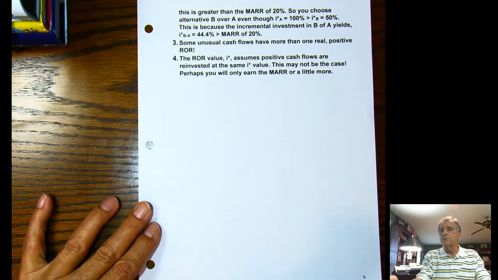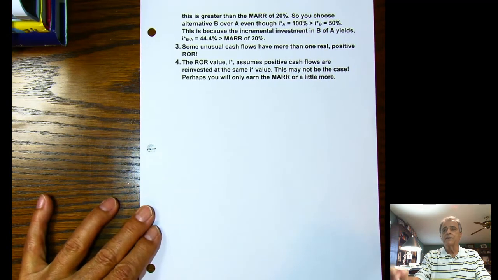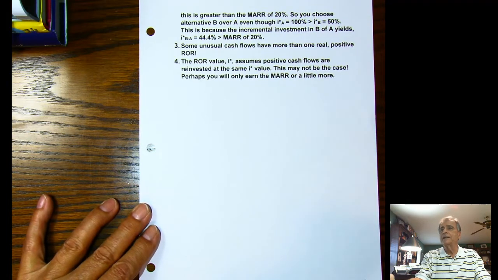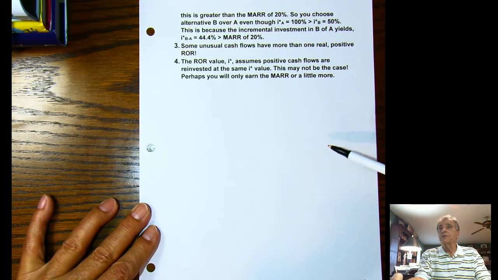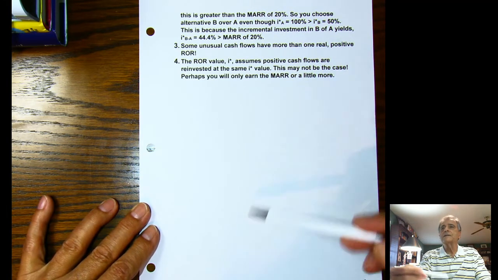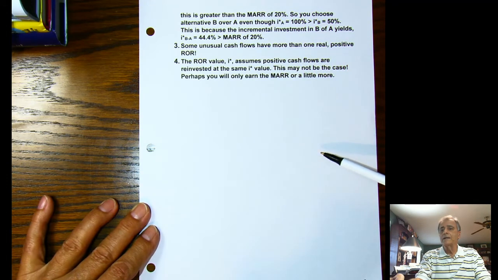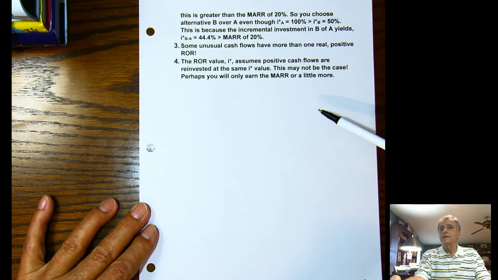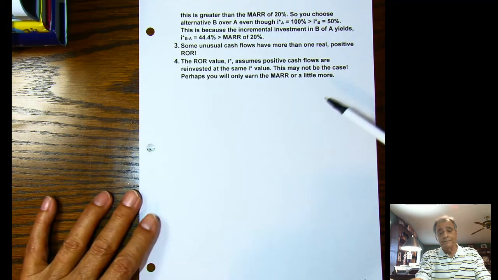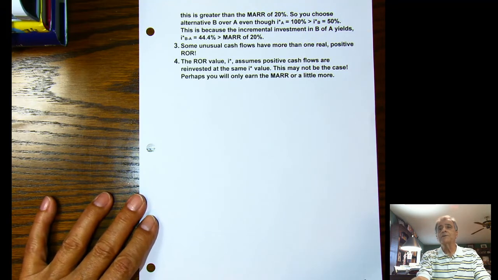Maybe this is an especially good project. For example, Project B we just looked at had a 50% rate of return and your MAR's only 20%. So this method assumes you'll reinvest the cash flows at 50%, which is kind of a stretch assumption.